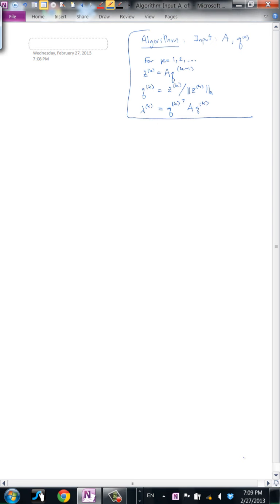The theorem we're going to prove says the following, and essentially matches the intuition that our simple diagonal example gave. I've rewritten the power method algorithm so you can see it. So it says the following. Suppose A is as above, in other words, it's an n by n symmetric matrix.